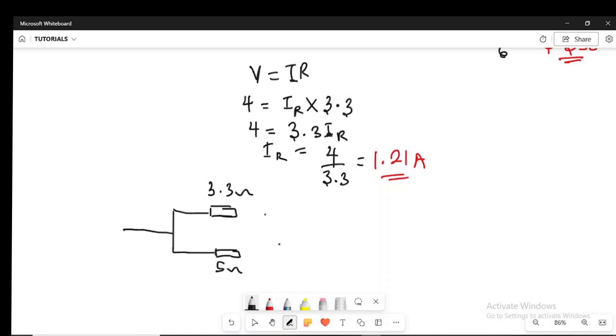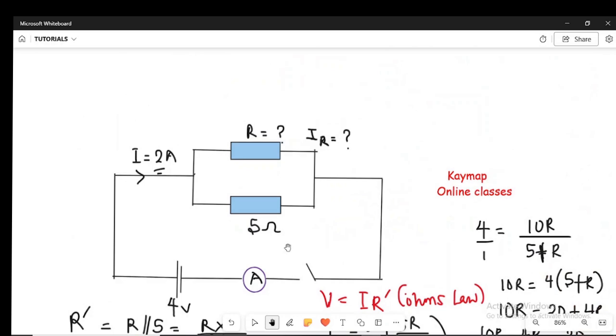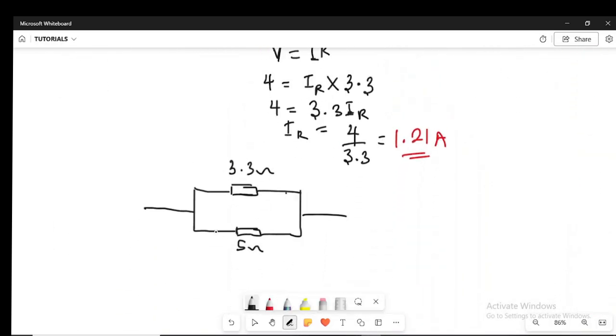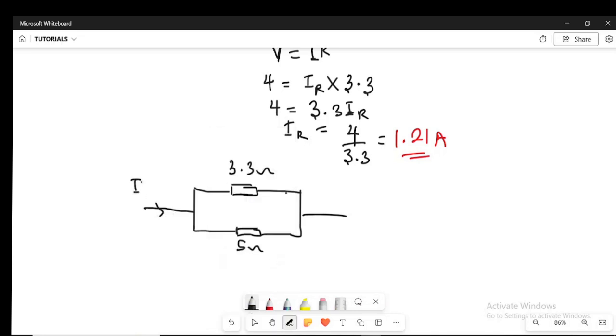This is another method of calculating that, and I'm going to be checking the value of the source current. That's about 2 amps. So that means the current entering here, let's call it total current, is 2 amps, right? Now I'm going to call this resistor 1, I'll call this resistor 2.